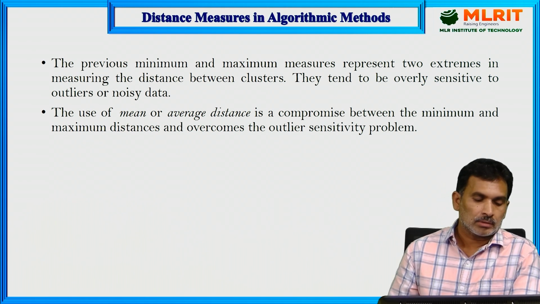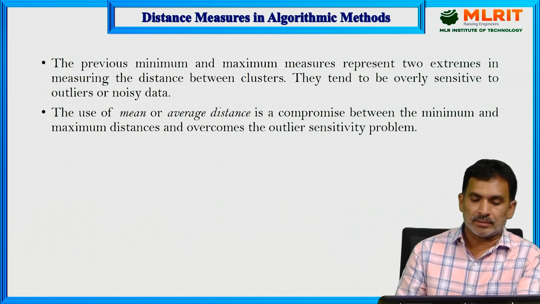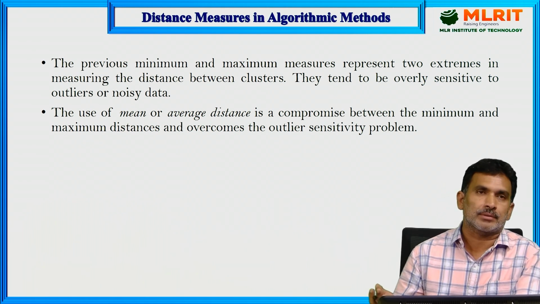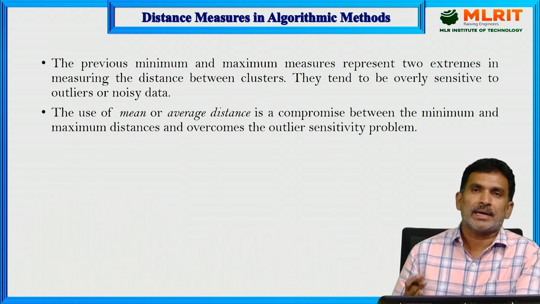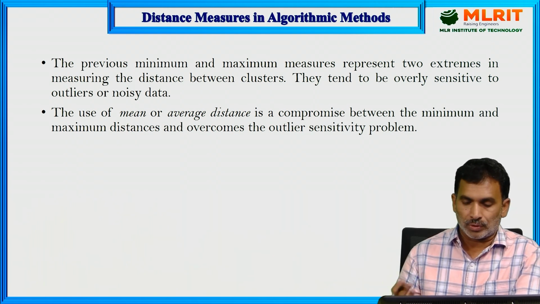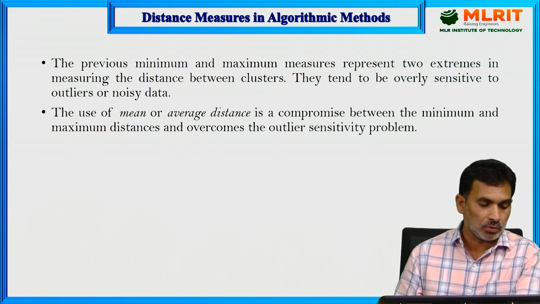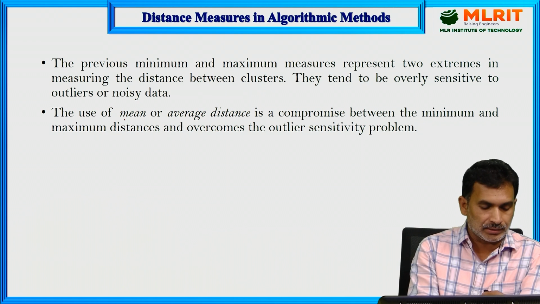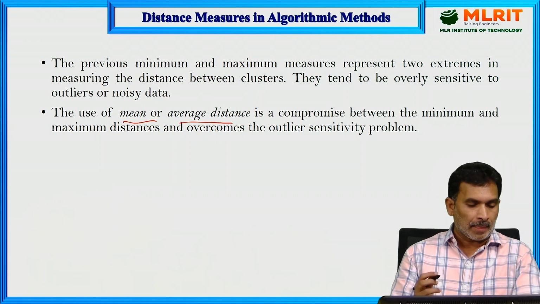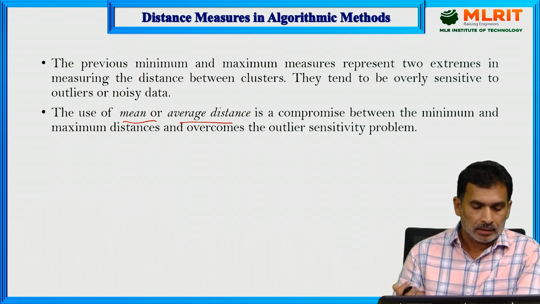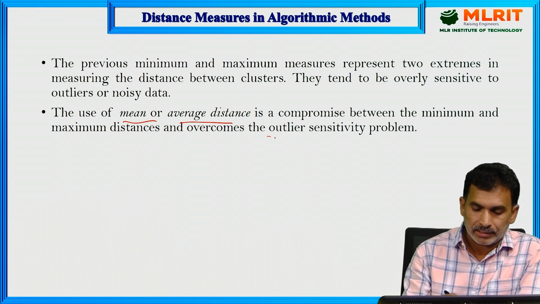The previous minimum and maximum measures represent the two extremes in measuring the distance between clusters, so they tend to be very sensitive to outliers or noisy data. Use of mean or average distance is a compromise between the minimum and maximum distances and overcomes the outlier sensitivity problem.